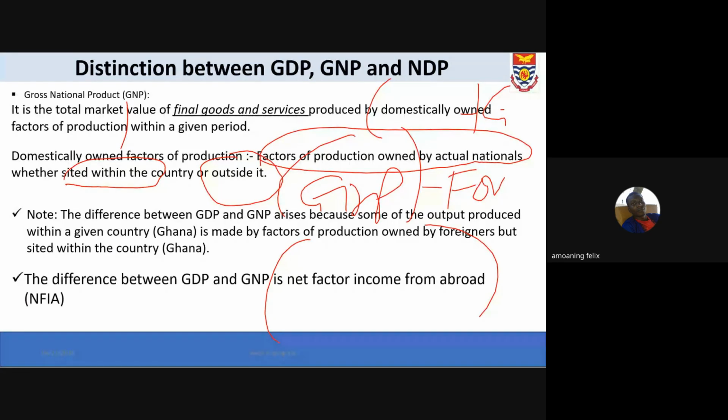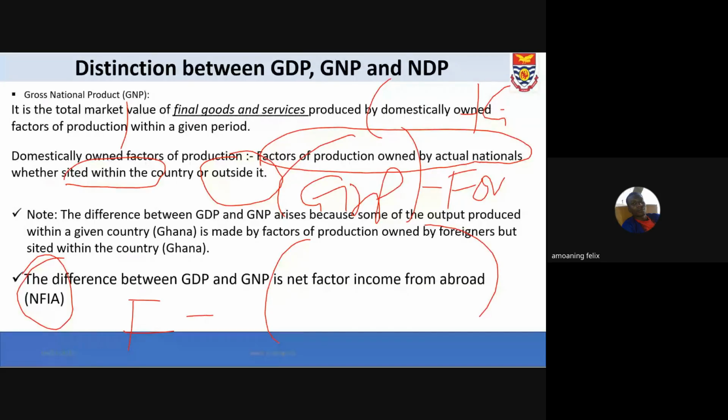Is that okay? So for me to get the net factor income, I have to get the income that is going to foreigners minus the income that Ghanaians are making outside Ghana. Is that okay? Yes, please.